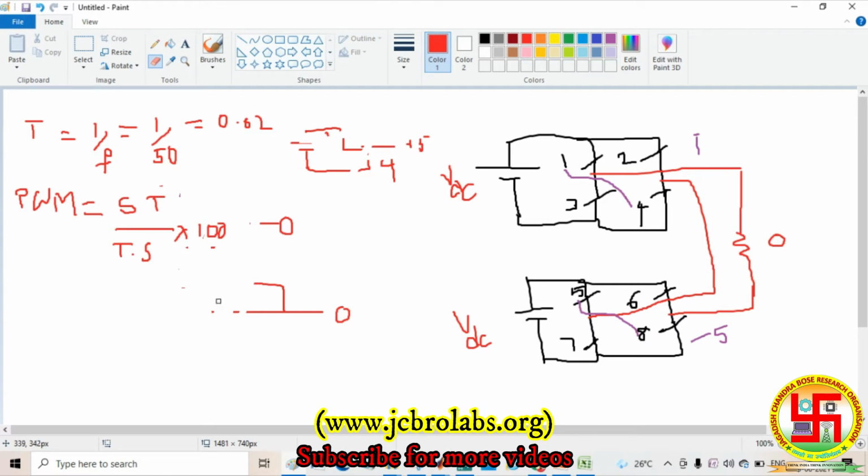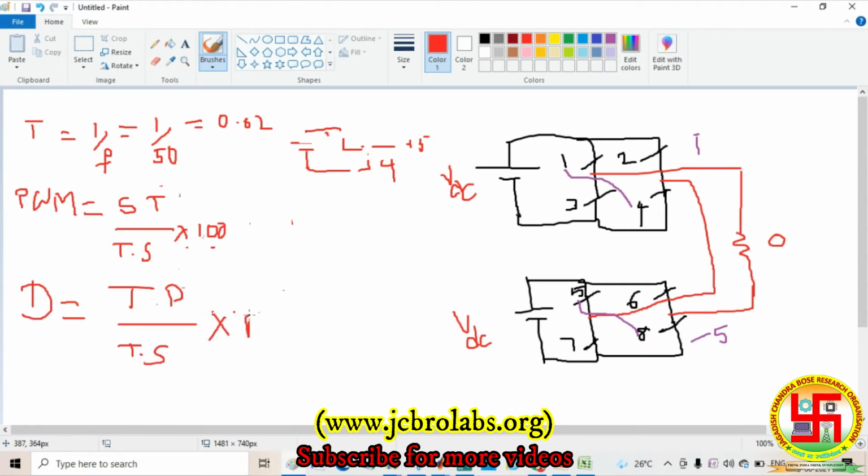Then what do we need to give? The delay value we need to mention. All the switches will not turn on at a time, right? So we give a delay value. You can observe the delay formula: time period divided by total number of switches, multiplied by the mode of operation.